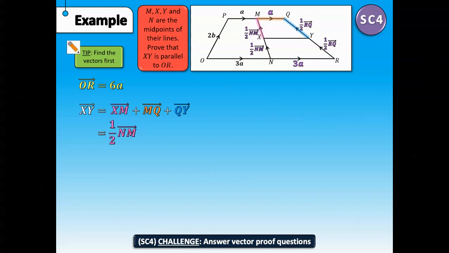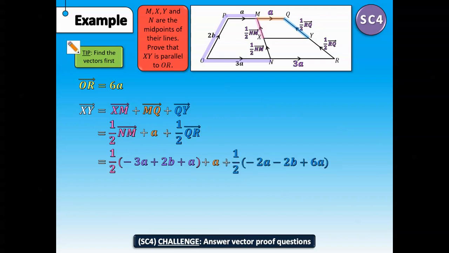XM is a half of NM. MQ is just a. And QY is a half of QR. NM is NO plus OP plus PM. And QR is minus 2a minus 2b plus 6a.